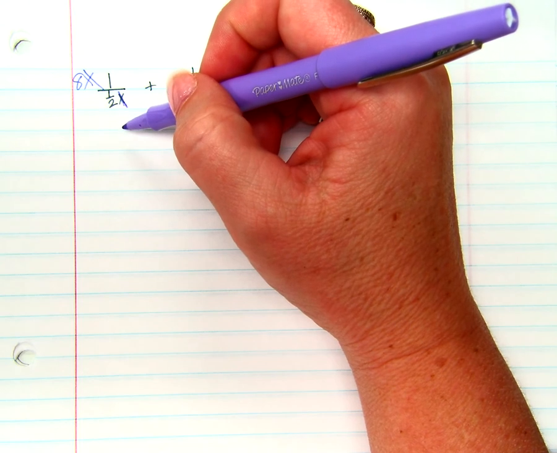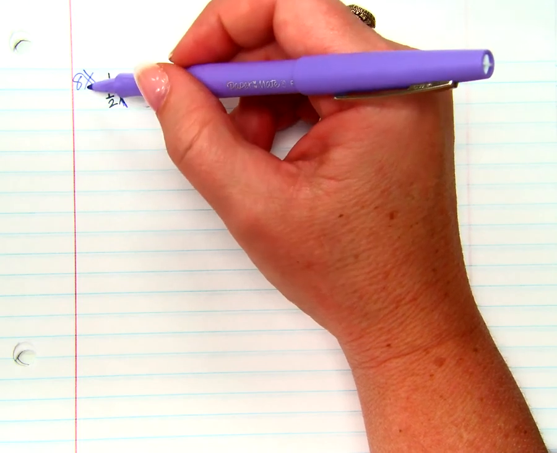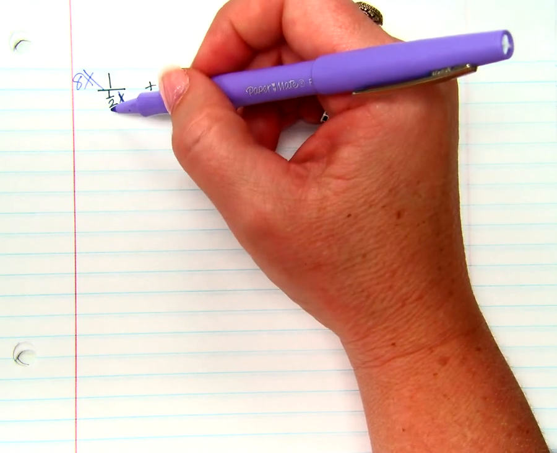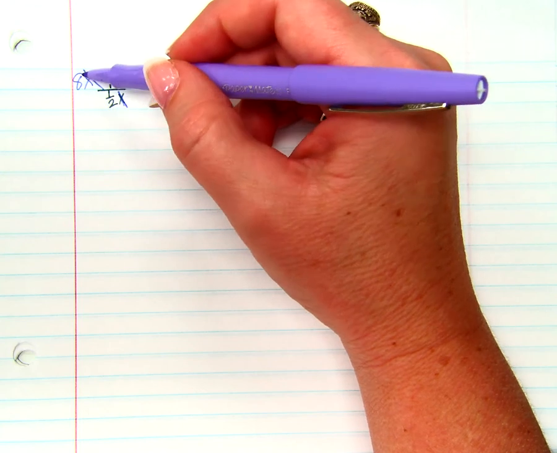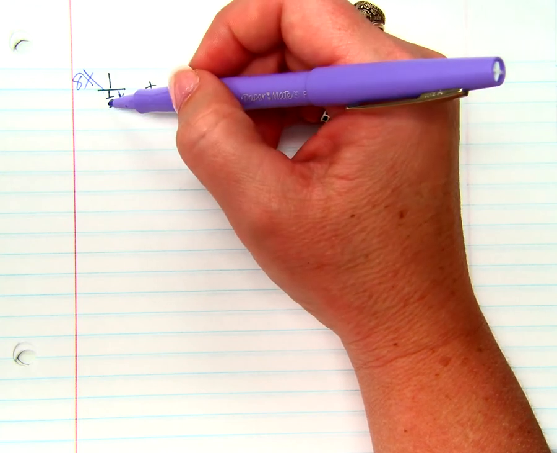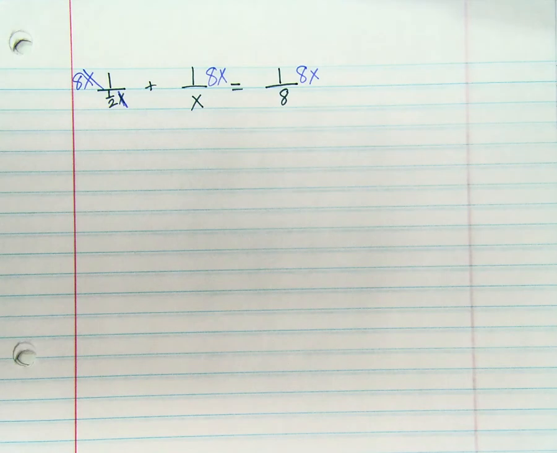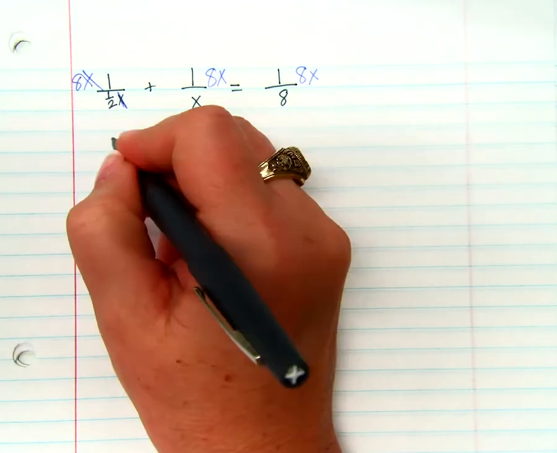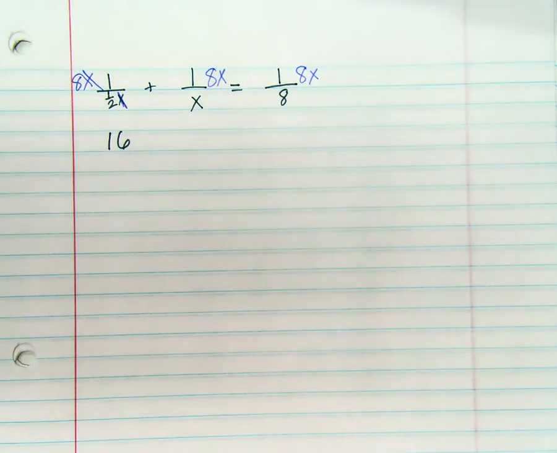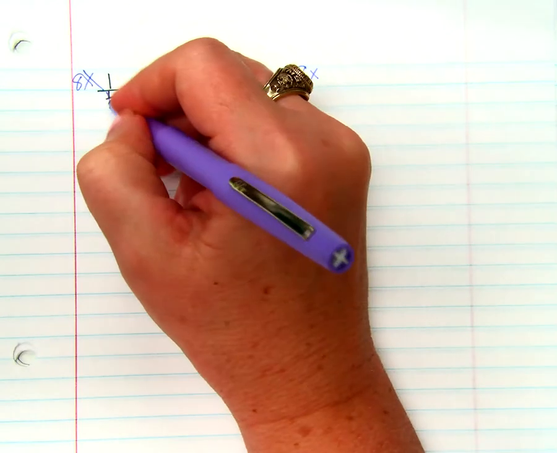The 8 and the 1/2, right? But here's the trick though. It's that 1/2 is in the denominator. So I'm saying 8 divided by 1/2. It's not saying half of 8. I'm saying 8 divided by 1/2. What is 8 divided by 1/2? 16. That's the number that's left here because this is a 1 and this is a 16.